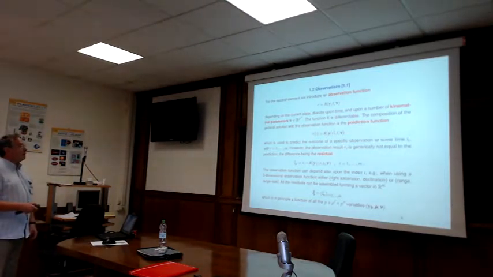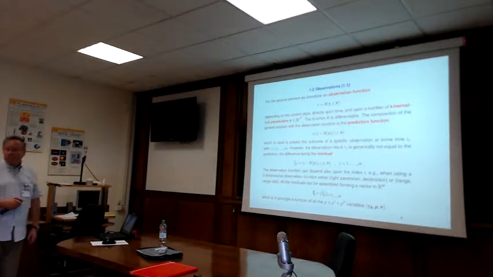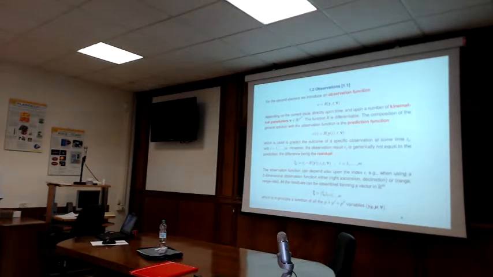And then this function, the only thing we need to know is that this function is differentiable. Then we do the composition of the general solution with the observation function, and this we call the prediction function, meaning that given the solution, therefore initial condition and dynamical parameter, and also the kinematical parameter and time, we can compute what the observation should be at a given time, according to our observation model.